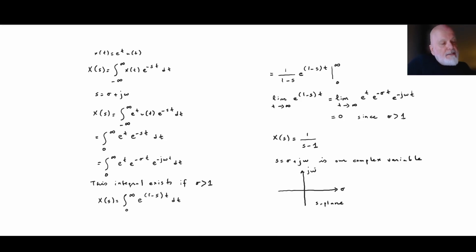And sigma greater than 1 is just, okay, we have the point 1 here, the complex number 1 plus j0, in other words. So draw this dotted line passing through 1, which is the line sigma equal to 1. Okay, sigma greater than 1 is this region.